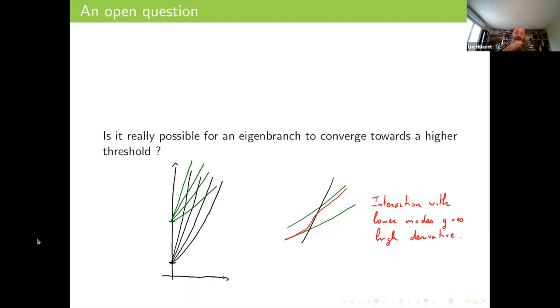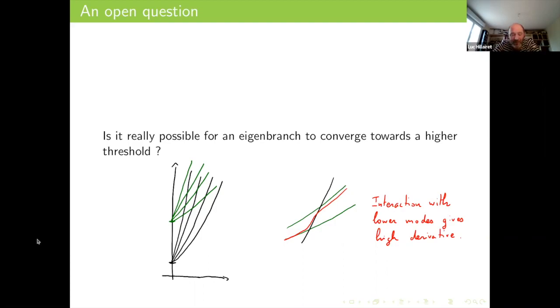Of course, if you have exact separation of variables, then you know that it is possible. We saw it for the quadratic form that we had before. But if you perturb this picture, then the crossings usually become avoided crossings.